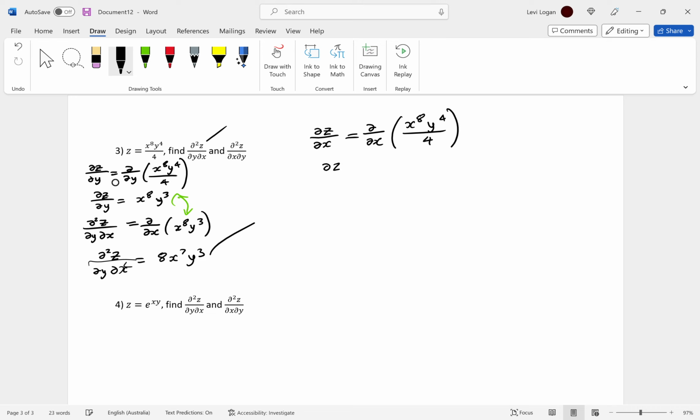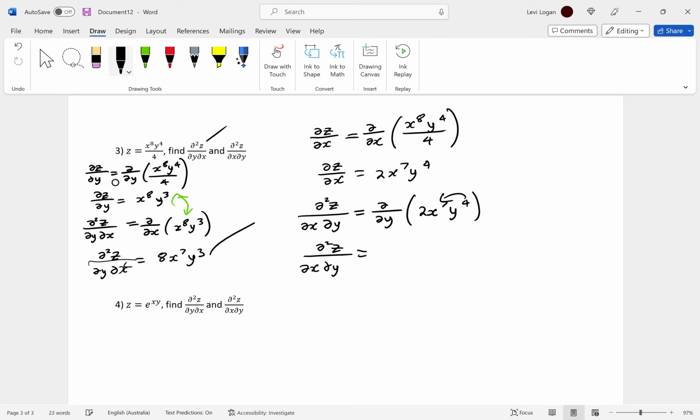So delta z over delta x is going to be 2x to the 7, y to the 4. Now I'm going to differentiate the whole thing with respect to y. So delta squared z, the partial derivative of x, partial derivative of y, differentiate the whole thing with respect to y. Now my x is a constant, so differentiating.